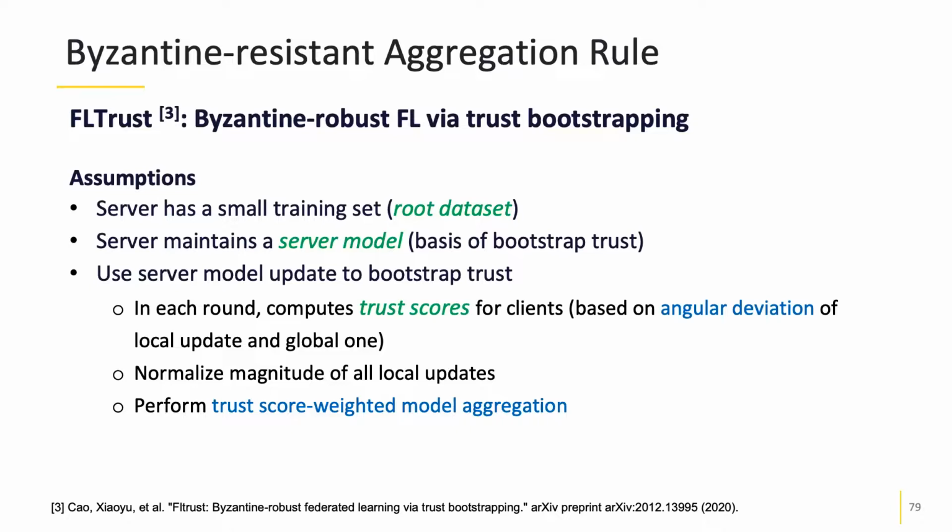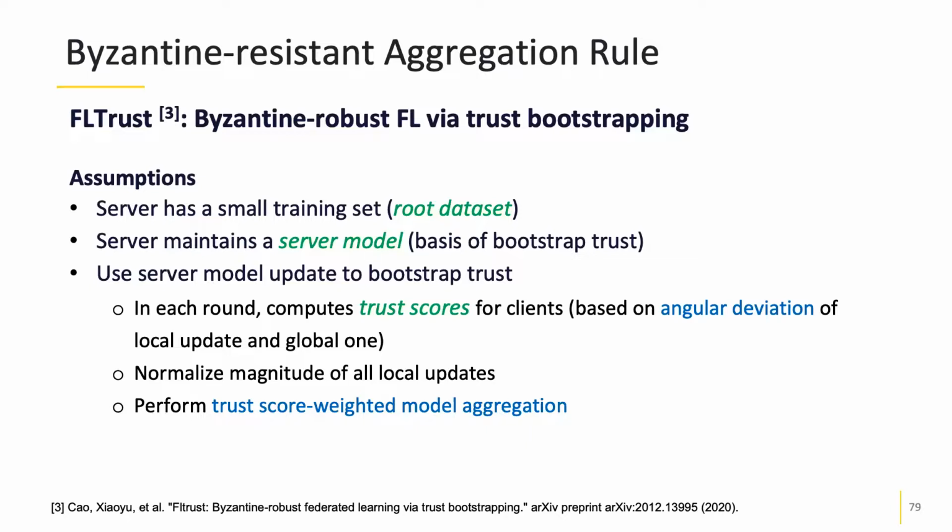In implementation, the trust score is computed as the cosine similarity. Then the server will normalize the weight magnitude of all local updates.